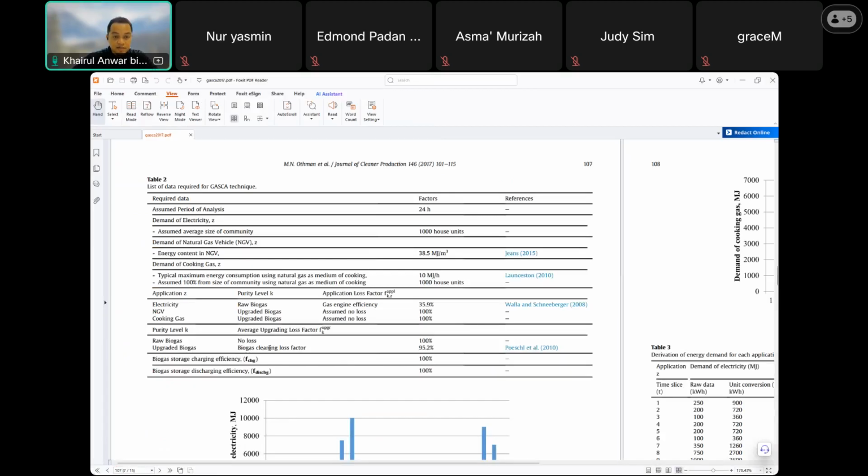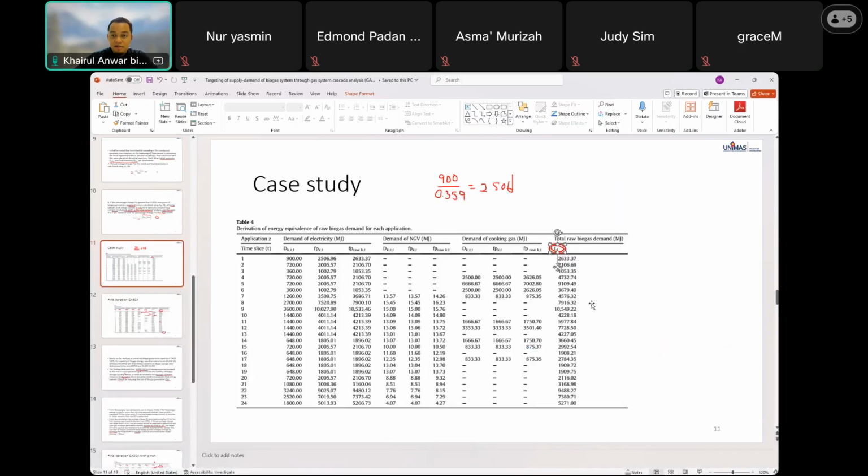So biogas cleaning loss factor is 95.2%, which should be, because we don't use raw biogas, we need to treat it with biogas cleaning before we supply to the demand here. So next for the last column, it's just the total of the F0 for each item.